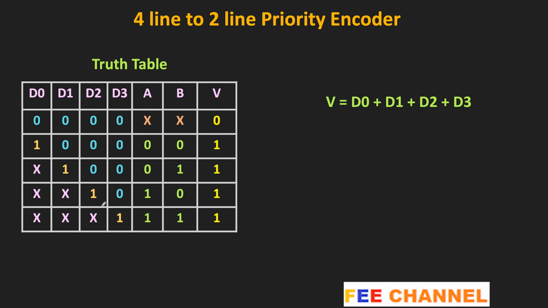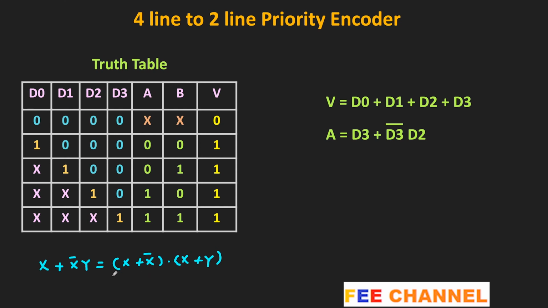So this output A is high when D3 is high, or when D3 is 0 and D2 is high. That means A is equal to D3 or D3 invert D2. Now here, using the distributive law, we can further simplify this expression. As per the distributive law, X or X invert Y is equal to (X or X invert) and (X or Y). Now X or X invert is equal to 1.